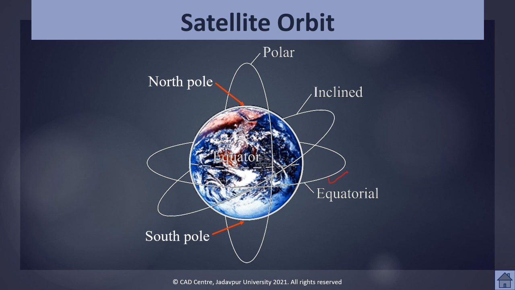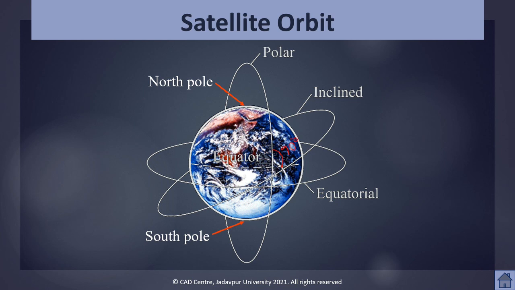Now if the orbital plane creates a 90 degree angle with the equatorial plane, then it is called polar orbit, and in this case the satellite moves over the poles, and as you can see, this is the 90 degree angle.